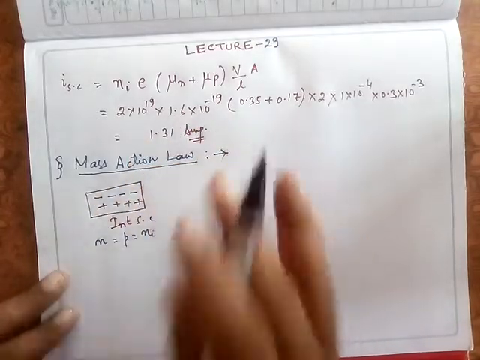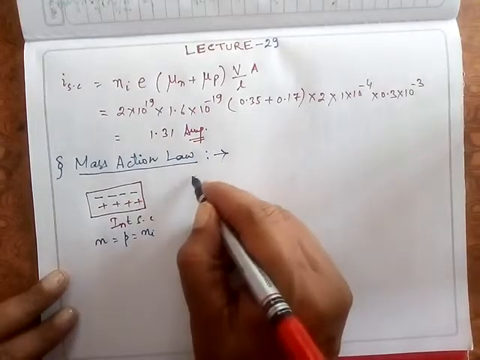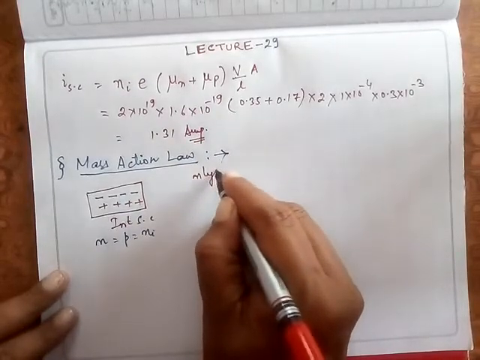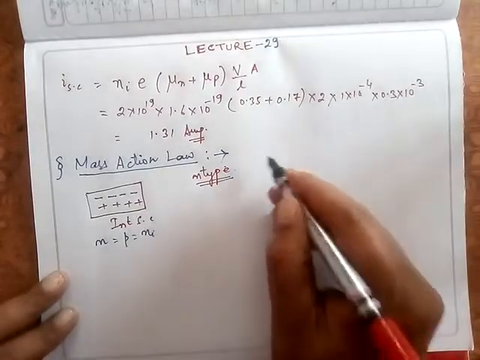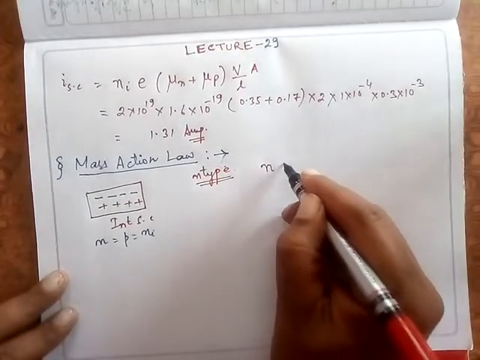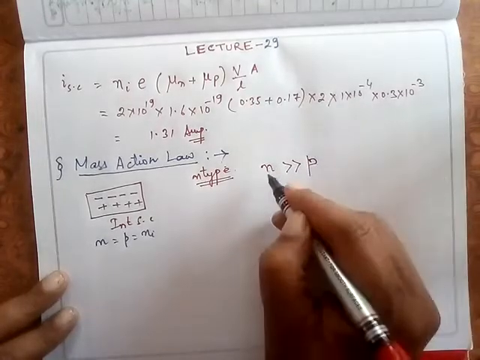Let's talk about the extrinsic semiconductor. Suppose I say, when it is doped, say N-type. When I say it is an N-type semiconductor, electrons are far greater than the number of holes, the hole concentration.